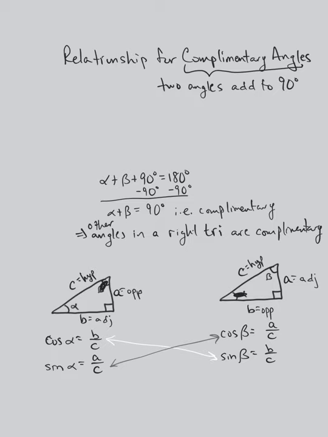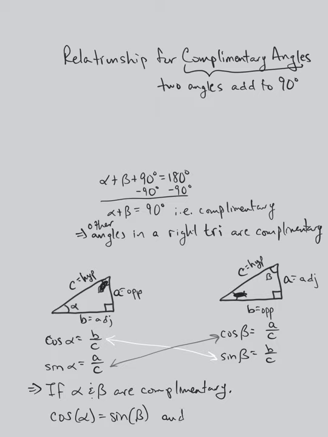All right, and so that's what I'm trying to get at here: if I have two complementary angles, any two complementary angles, then the cosine of the first is equal to the sine of the second, and the sine of the first is equal to the cosine of the second, like that.